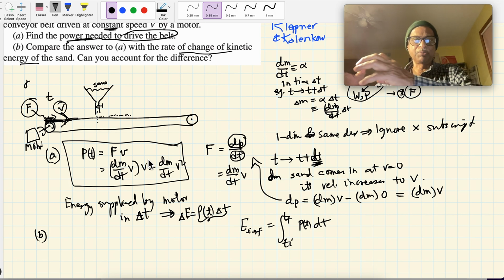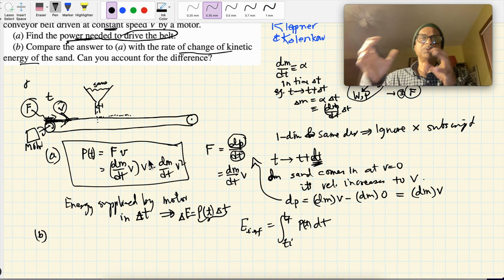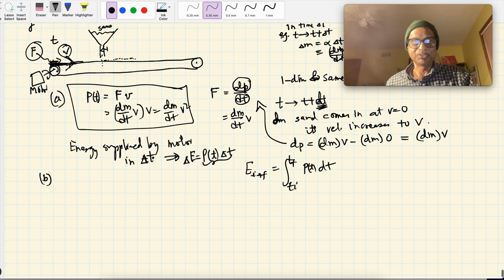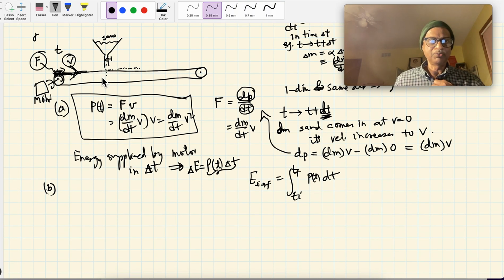So because the sand's energy goes up, the amount of energy that goes up must equal the amount of energy that the motor is supplying. That's the one you have to check, right? Is that really true?